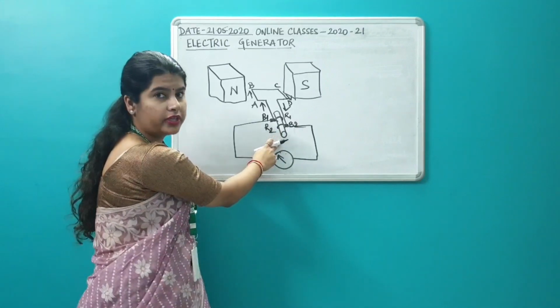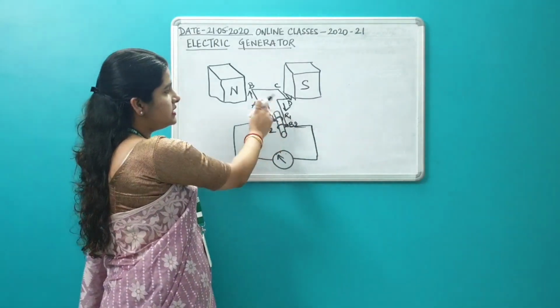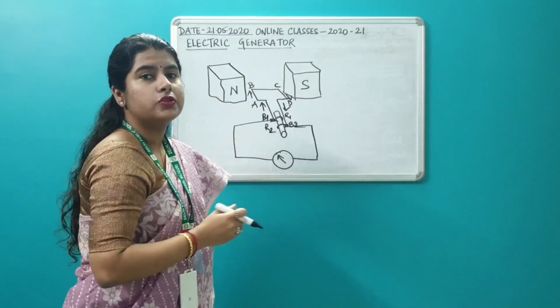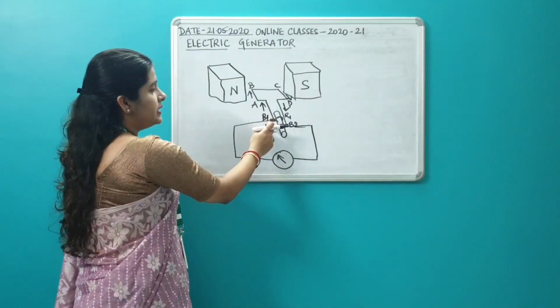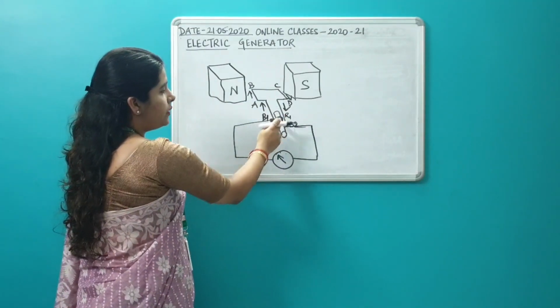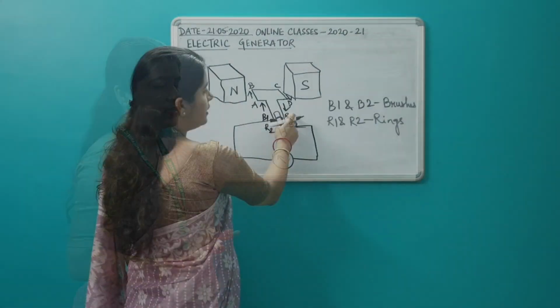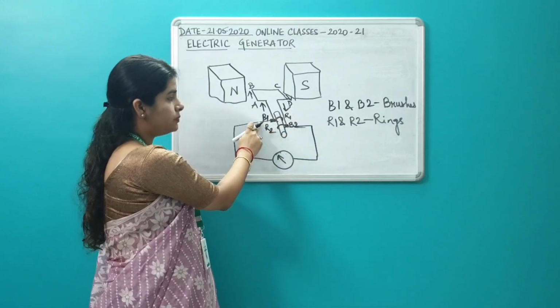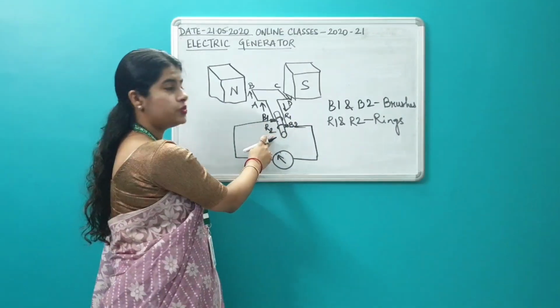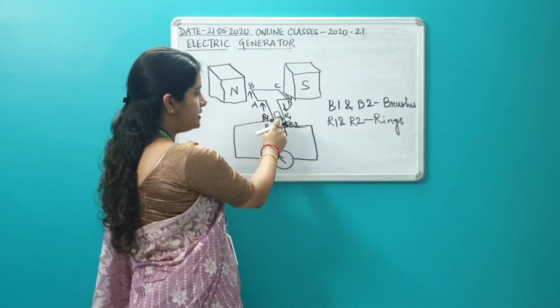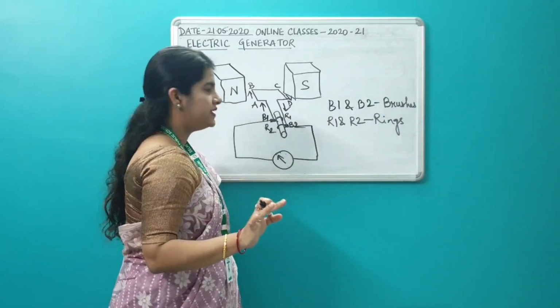This axle can rotate, and when this axle rotates, this rectangular coil also rotates. This is connected to two rings R1, R2. In this case, these are not split rings. Ring R1 is connected to brush B1 and ring R2 is connected to brush B2.